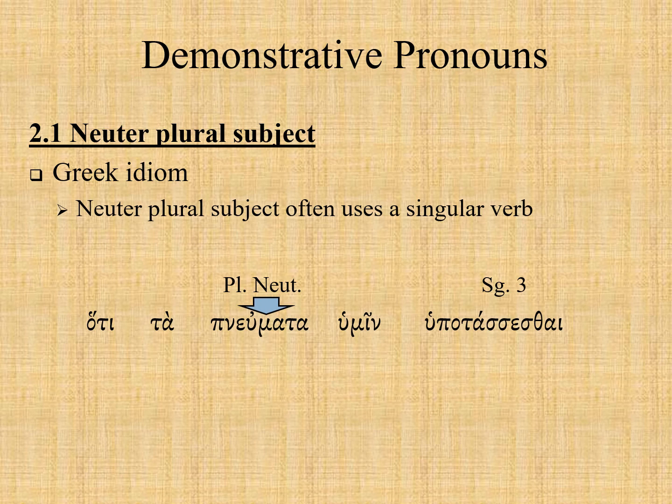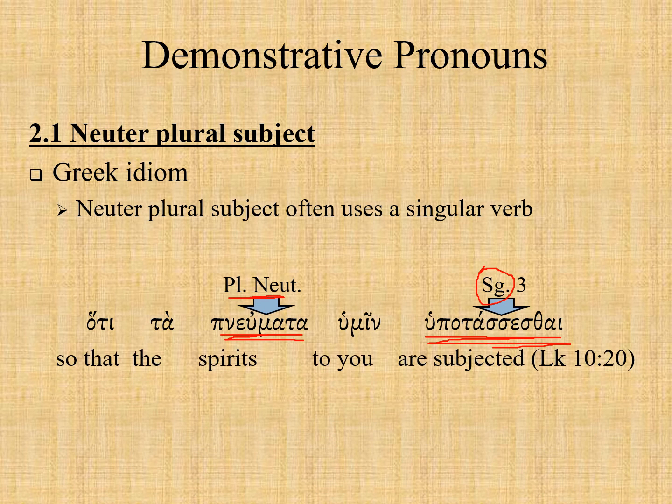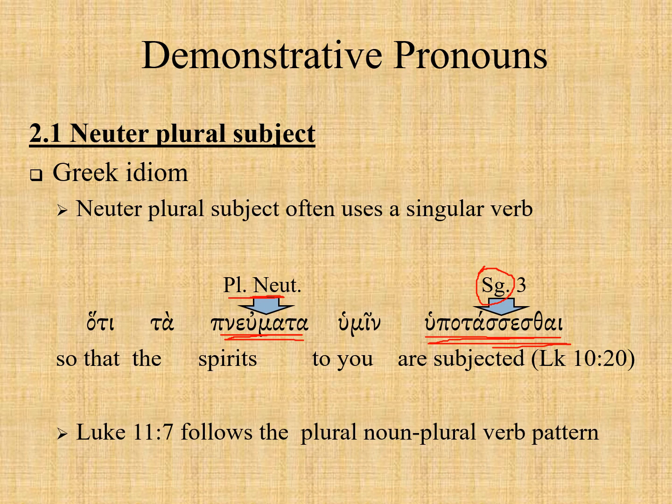You notice that the spirits here is plural neuter, but then we have hypotassetai, which is singular third person, which begs the question, why is it singular when the noun is plural? The only explanation is that it is a Greek idiom, and therefore it doesn't follow the regular grammatical pattern. Now, that is not always the case, but very often that is the case.